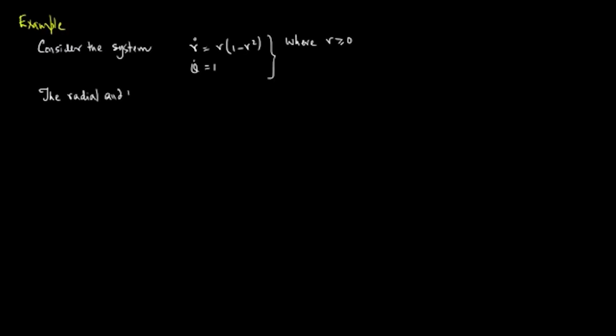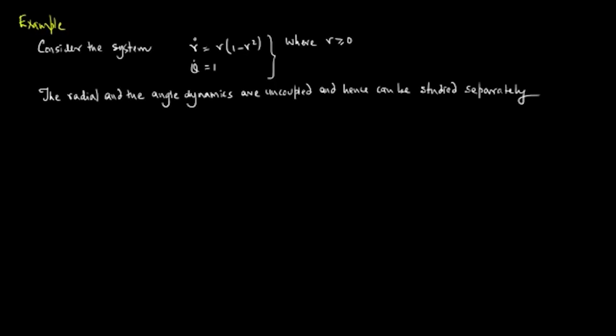Now let's look at an example. Consider the system r dot is equal to r(1 minus r squared) and theta dot is equal to 1, where r is greater than or equal to 0. The radial and the angle dynamics are in fact uncoupled and hence can be studied separately.